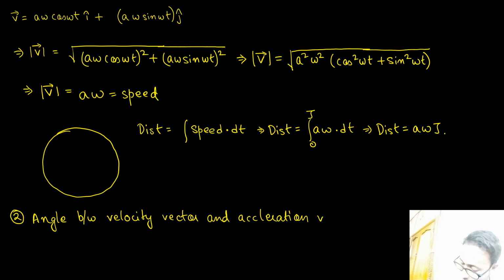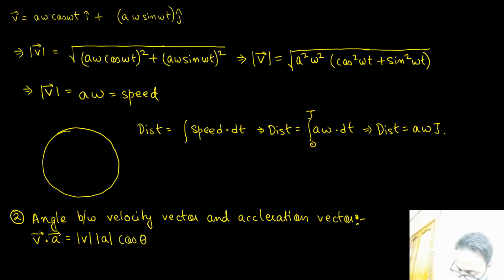Whenever an angle between vectors is asked, what do we use? We use the dot product. So v dot a is equal to the magnitude of v into the magnitude of a into cos theta. Out here we don't know the magnitude of a.